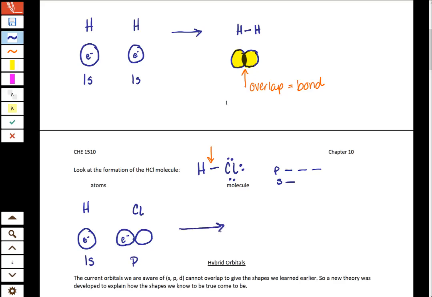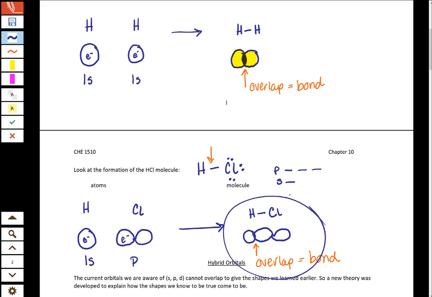And when those overlap, you get that sharing, and that sharing is the bond. And so we've got your s orbital overlapping with the p orbital. And again, this overlap is the bond.